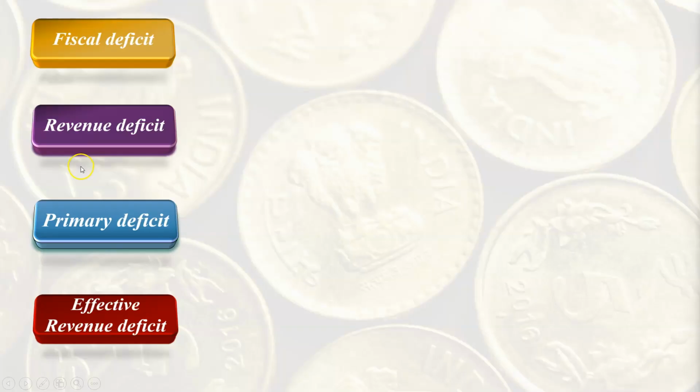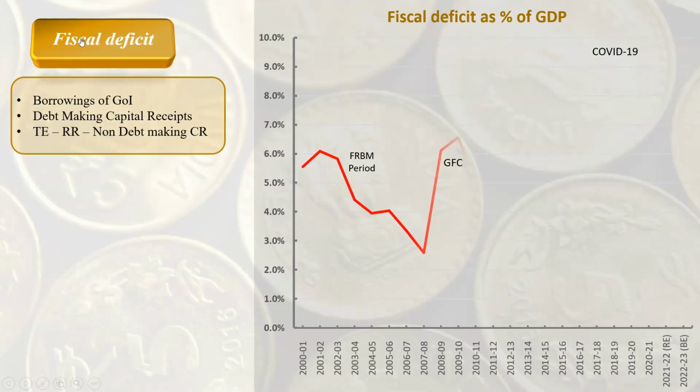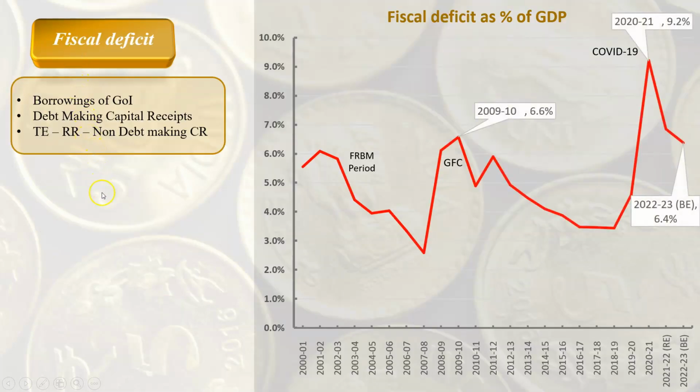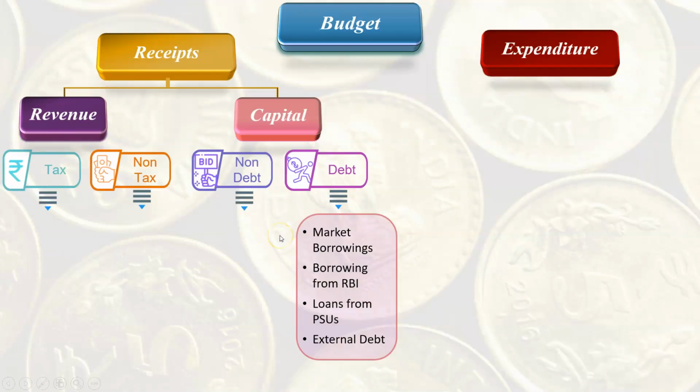Now, the first thing that we will observe is fiscal deficit. This is one of the prime numbers which is mentioned in each year's budget. Now, we had seen the definition of fiscal deficit. What is fiscal deficit? It is the borrowings of government of India. जो भी government हर साल borrow करती है, that figure is reflected in fiscal deficit, and it is also called as debt-making capital receipts. Now, in the budget, we had seen the debt-making capital receipts.